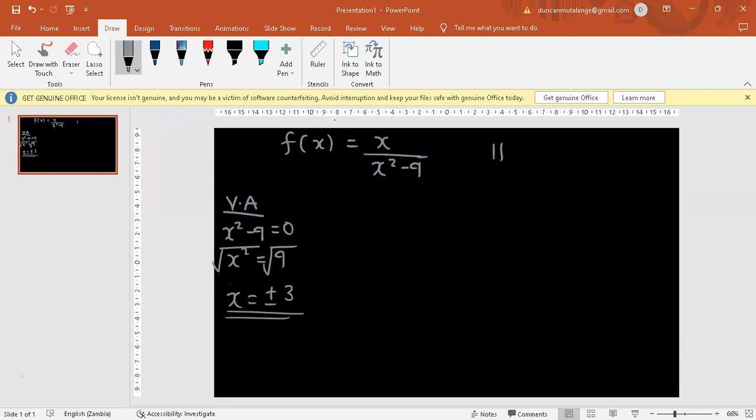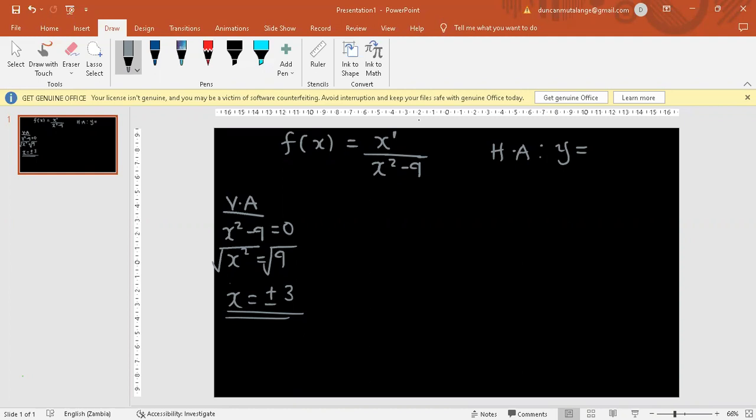The horizontal asymptote, y will be equal to what? You check the x values, the powers. If the power of the bottom is greater than the power of the top, you can clearly see here that this is x, meaning it's to the power 1, then you have x to the power 2. So the bottom part is heavy, isn't it? Remember what we did?